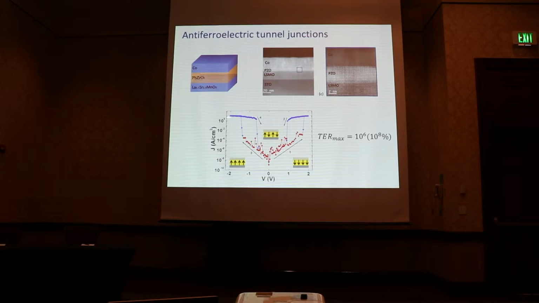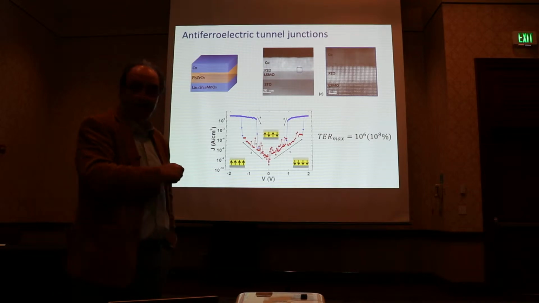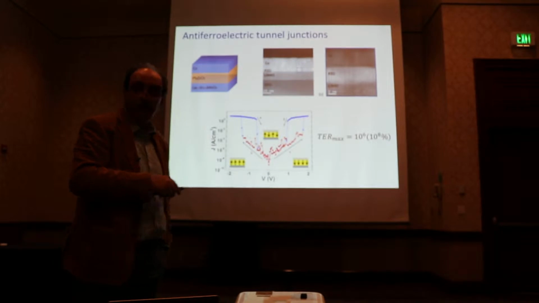We are speaking about 10 amps per square centimeter, which is a massive current. It's a real massive current. And then you compare with 10 to minus 6, 10 to minus 5 on average. The maximum we have got was 10 to 6, even 10 to 7 on some devices, PER. So that means 10 to 8.